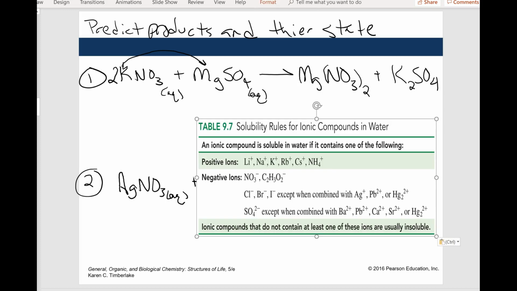And so we look at our solubility rules and we say, okay, for magnesium nitrate, is it going to be soluble or insoluble? Well, it contains nitrates, which means it's always soluble. So this is going to be an aqueous product. And then we look at potassium sulfate, soluble or insoluble? It contains potassium, which is always soluble. It also contains sulfate without an exception, so it is still soluble.